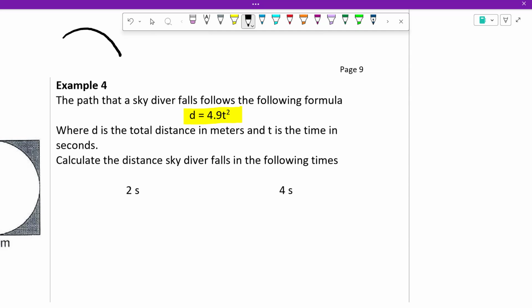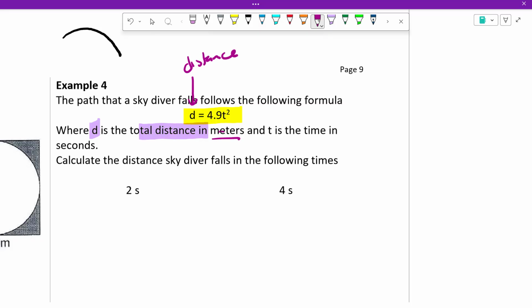Here, the path of a skydiver falls according to this formula. A skydiver would start at the top and fall down like this. This is the formula for it. Then it goes on and says the letter D stands for distance. Maybe I'll write it on my formula. Distance, and it's measured in meters.